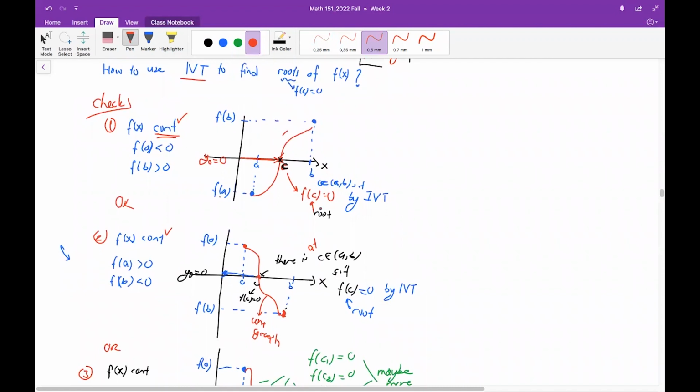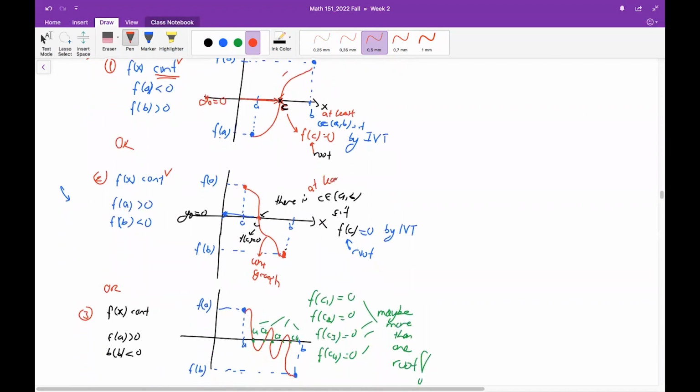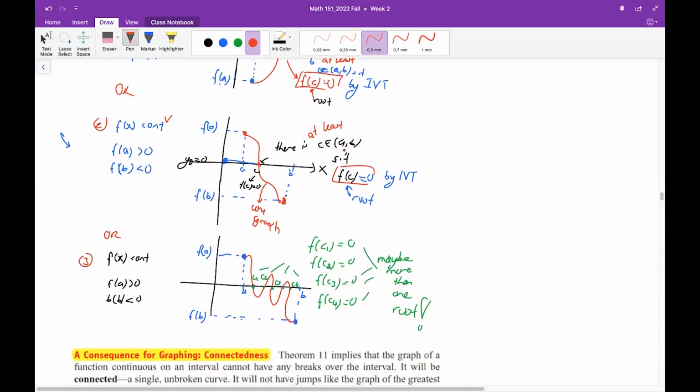So there is at least one root, at least a number c whose image is 0. So you know at least one root we have, but there may be more than one root if your function behaves like this.